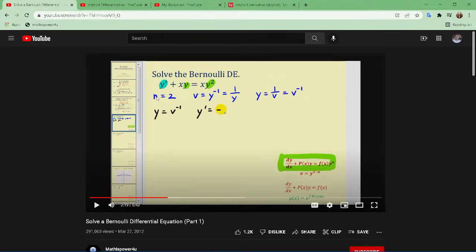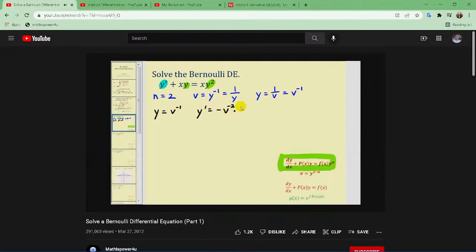Negative 1 times v to the negative 2 times dv dx. Again, we're applying the chain rule here because we want the derivative in terms of x, not just v.